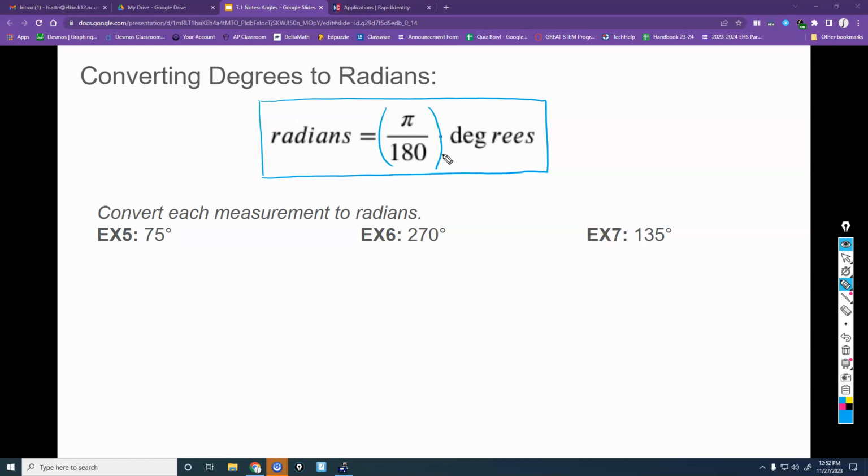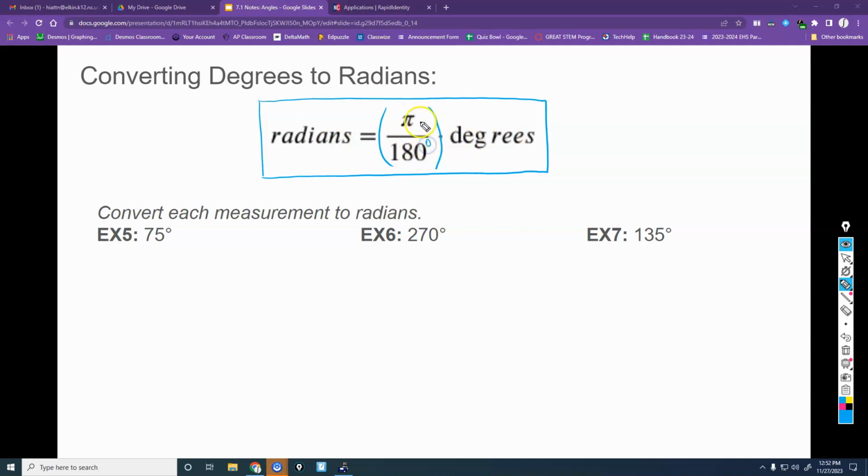If I need to convert degrees to radians, let me just tell you a few things that help me remember how to do this without the formula, because I do not like to use the formula. Well, I mean, I am using the formula, but I need to have it memorized and not just blindly using the formula. So, whenever we have degrees and we want to change it to radians, we are going to use pi divided by 180.